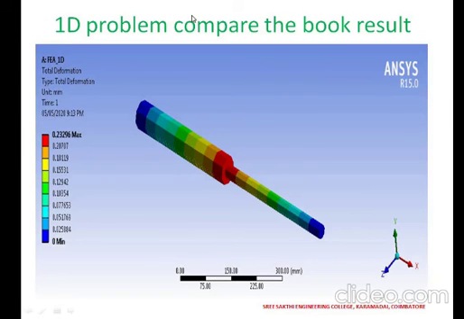Compare these results with the book result. Based on that book value, you can feed it into the ANSYS software, check and compare the results. I compared the results, that is total deformation, 0.2326. The book results also have the same result. Those who are attending my FEA online classes may be aware of it.